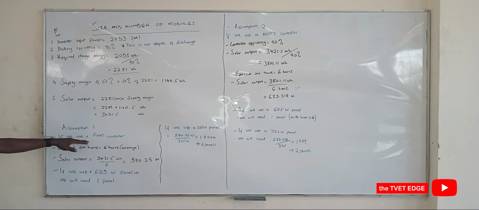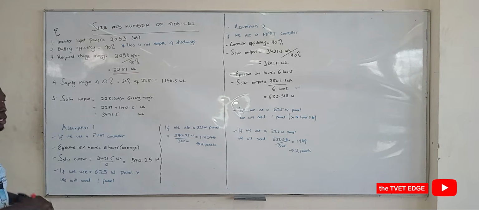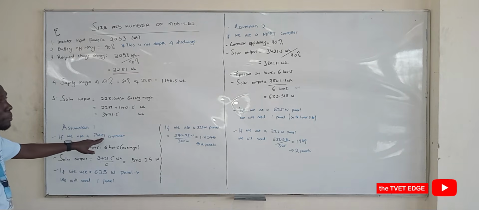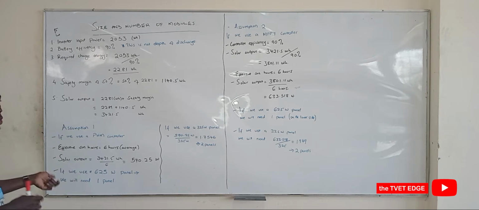If we are using a PWM controller, and we will explain the difference between a PWM and an MPPT controller immediately after this lecture. The next lecture is actually the difference between a PWM controller and an MPPT controller, and why which one is effective where.